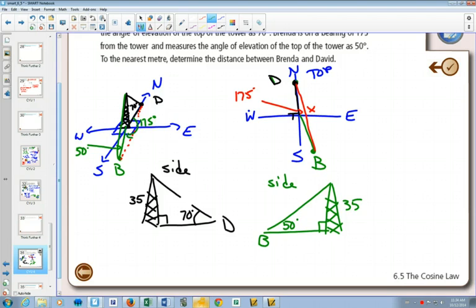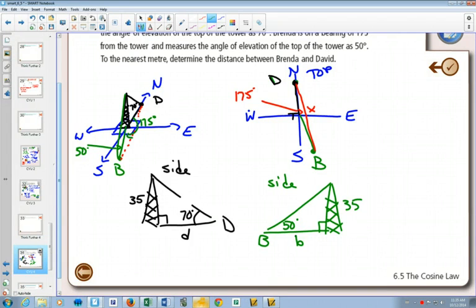Since I've got x over there, I know that you're supposed to label little d opposite of big D, but just because it goes with David, I'm going to label that side as little d, because we knew the opposite was 35. Same thing over here, we're going to need to find that base as well. Can you see that they transfer to the diagram we have in blue? And then we'll have two sides on that diagram.